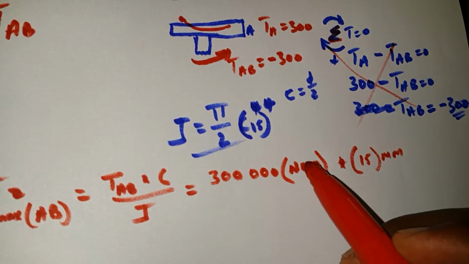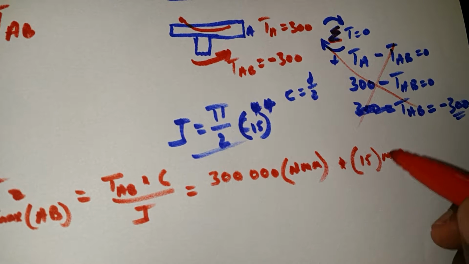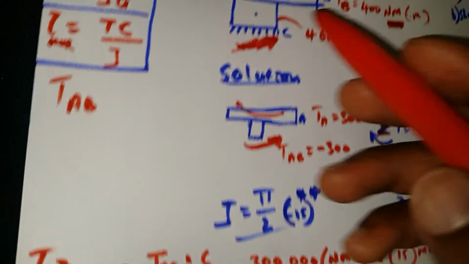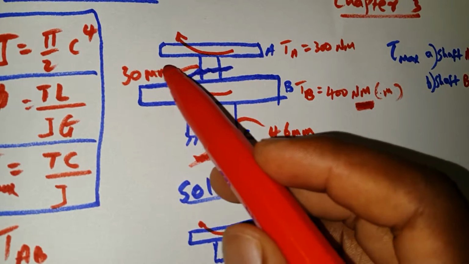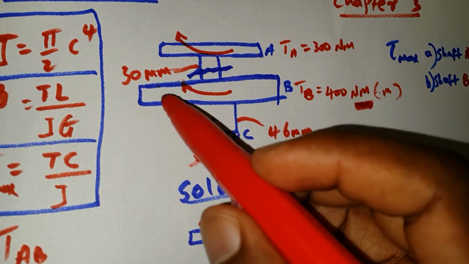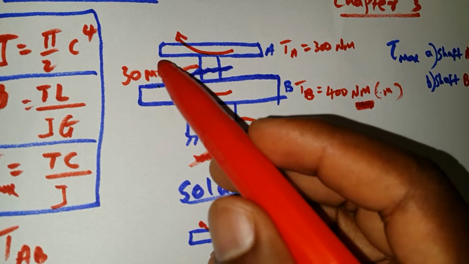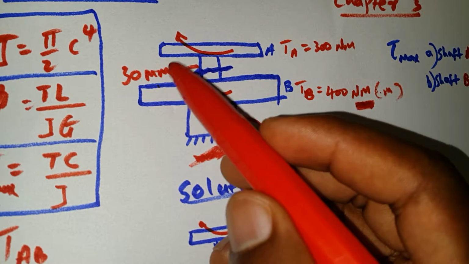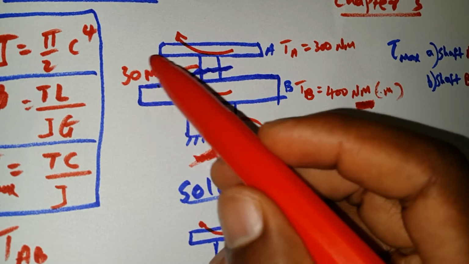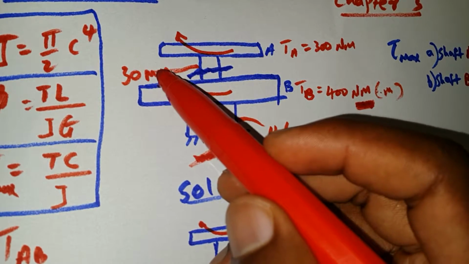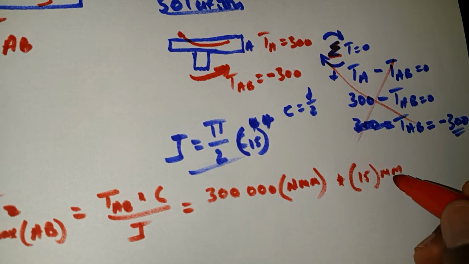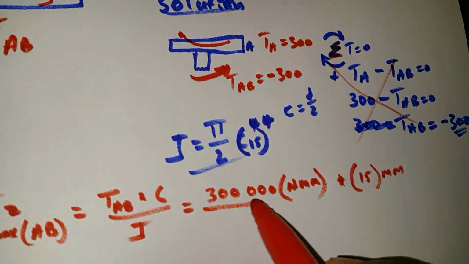So if you leave it like this, because this is a millimeter, you will come here and say divide by 1000, so that you will remove 1 millimeter. But this is millimeter, which means we will multiply it by 1000 to balance it.